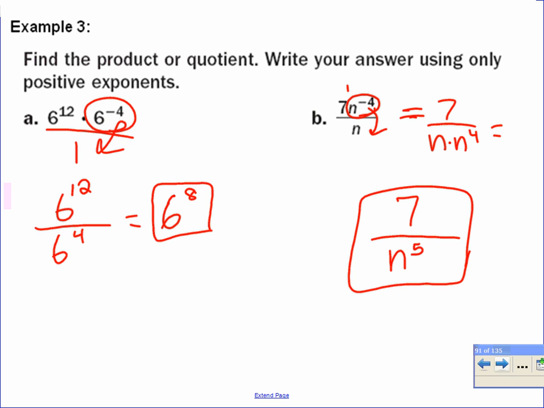Mary. Yep, we're getting there. Annalise? Yeah, because it's a multiplication problem in the numerator, so it's still going to be a multiplication problem in the denominator. You're just putting it next to it.